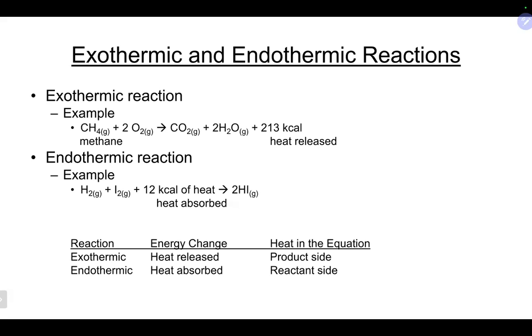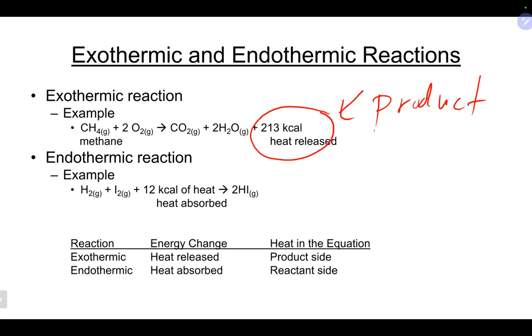When we talk about an exothermic reaction, although not perfectly correct in all aspects, we oftentimes will think of energy like this as being a product. So we sometimes will think of an exothermic process as releasing the energy, sometimes considered like a product.